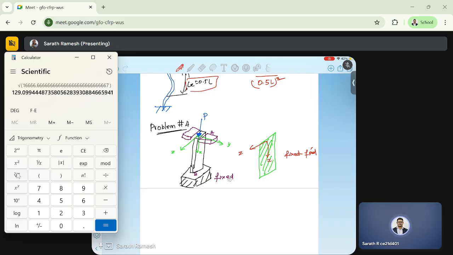Because it cannot move, so we consider it as fixed.